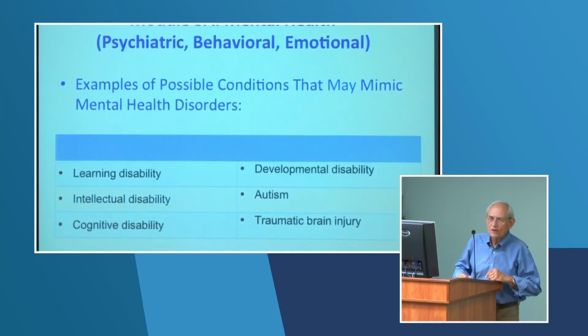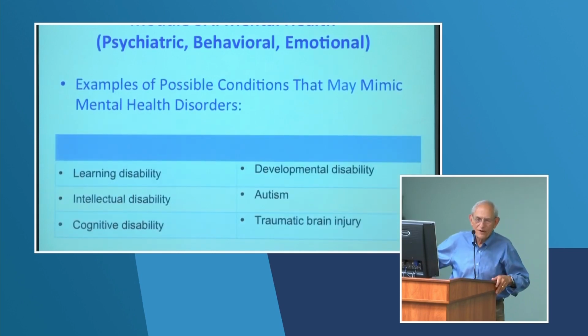Mood disorders are mostly things like depression. Now, mental health disorders can be mimicked by other conditions. So, a learning disability may appear to you to be a mental health disorder. It's not. An intellectual disability may also appear to be a mental health disorder.